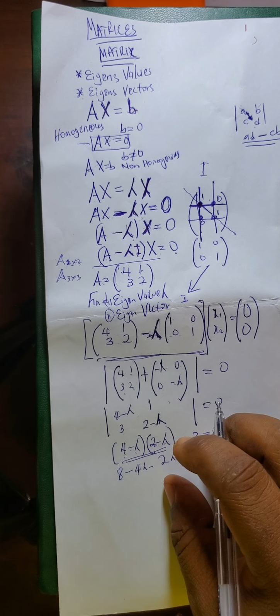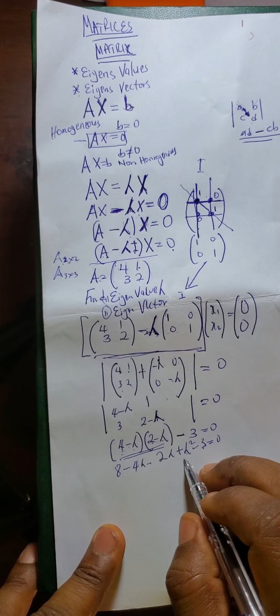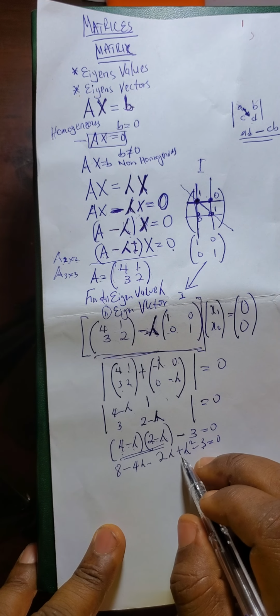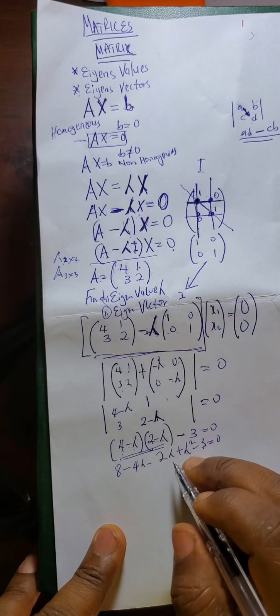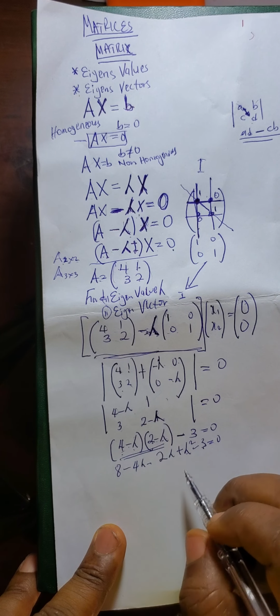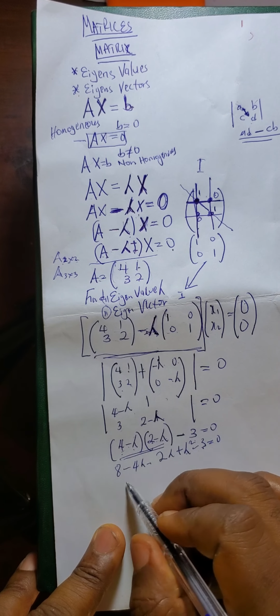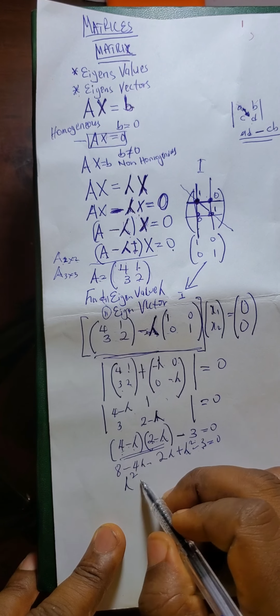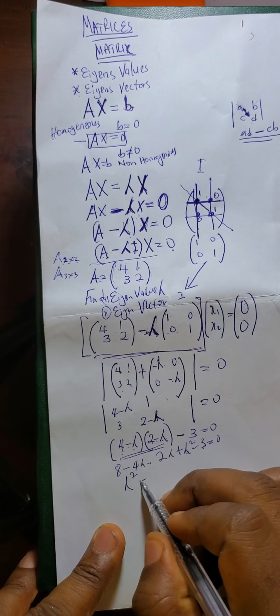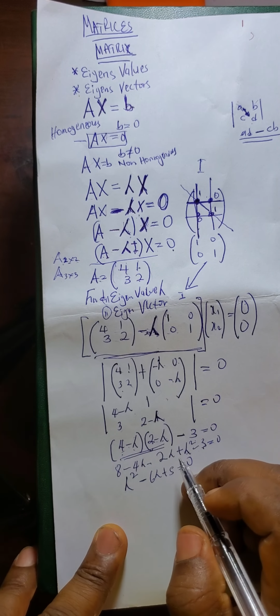Now, we can see that we are arriving at a polynomial function, which is a quadratic equation in this particular case. So when we add the like terms, we can put lambda square in the front. When we add all these quantities together, we have lambda square minus 6 lambda plus 5 is equal to 0.